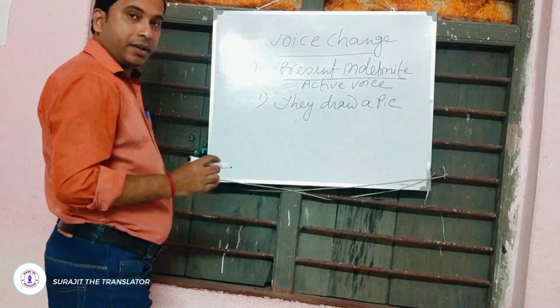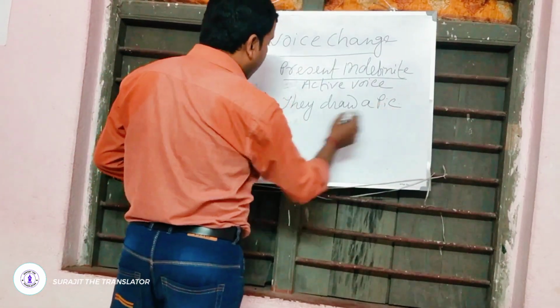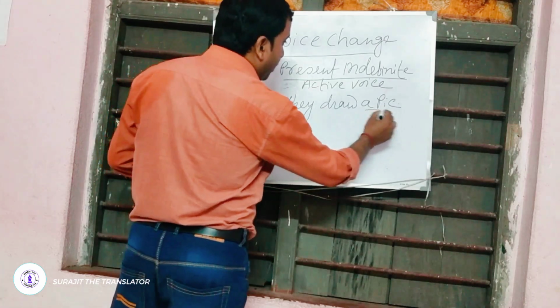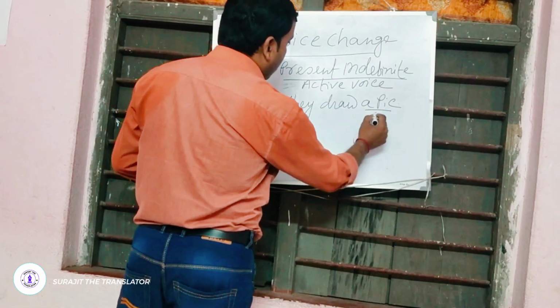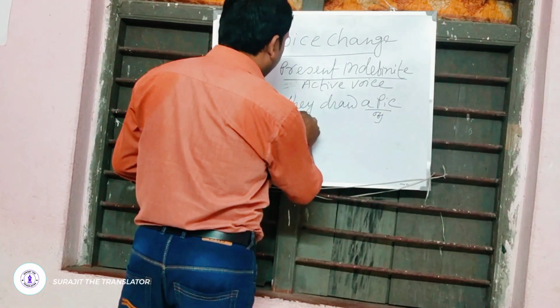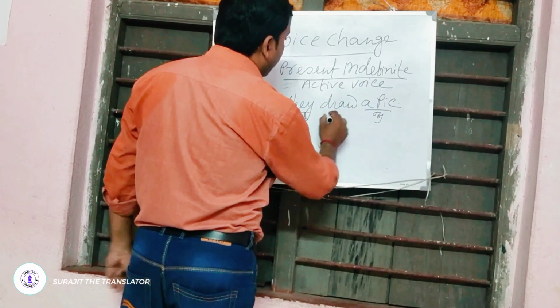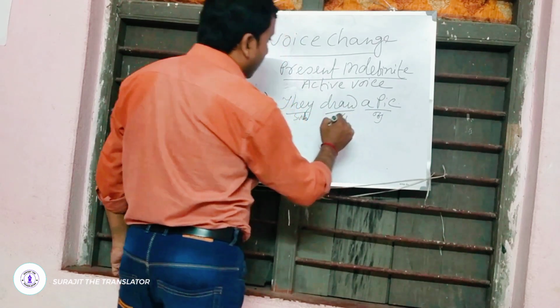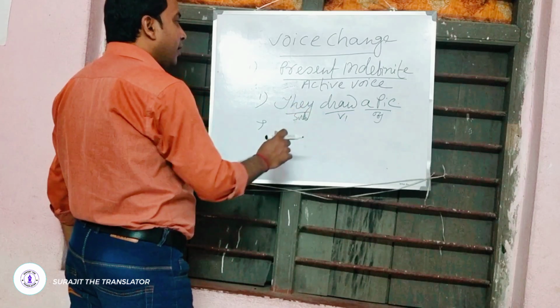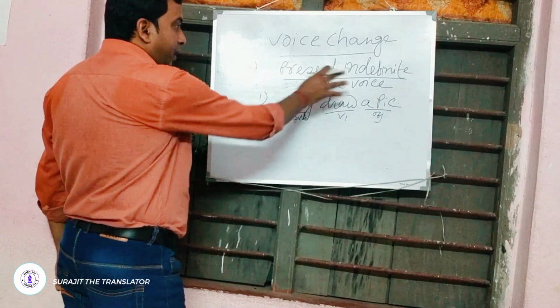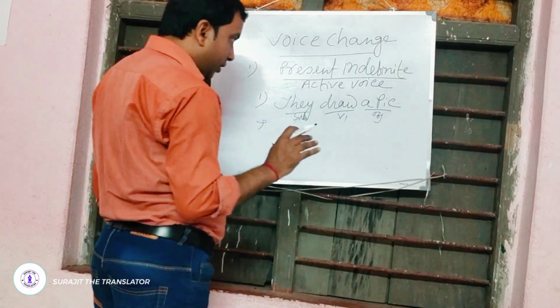In the picture, "a pig" is the object, "they" is the subject, and "draw" is V1. So it is an example of present indefinite active voice.